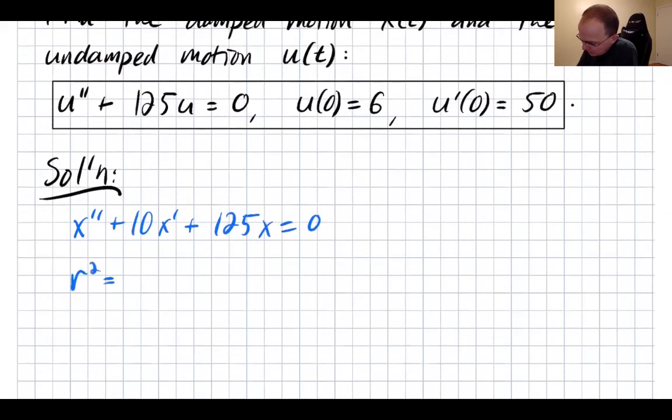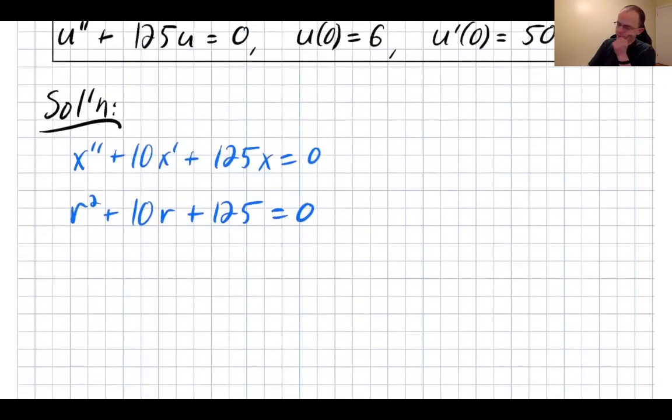So write down the characteristic equation. Okay, I'm just trying to think, is there a nice way to factor this? Does it factor nicely? So 125 is 5 times 25, so that's 5 cubed.